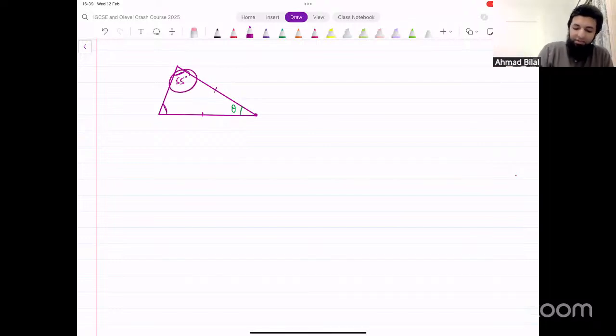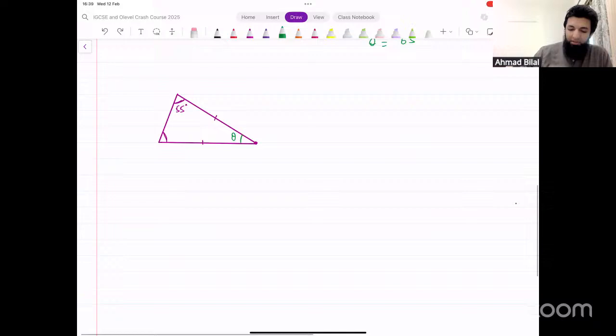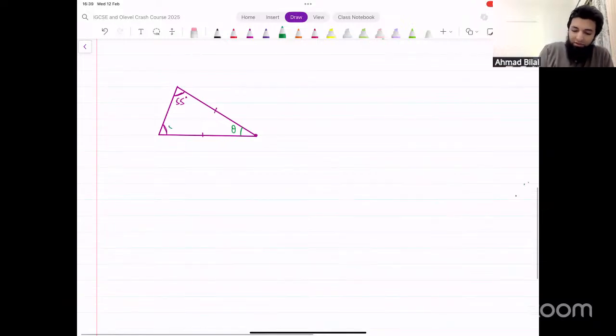If this angle is 55, then what does that mean? This is a base angle of this isosceles triangle, right? Because it's opposite to this side, that is equal. So the angle opposite to the other side is also going to be equal. So this angle here is also going to be 55. So what about the value of theta then?